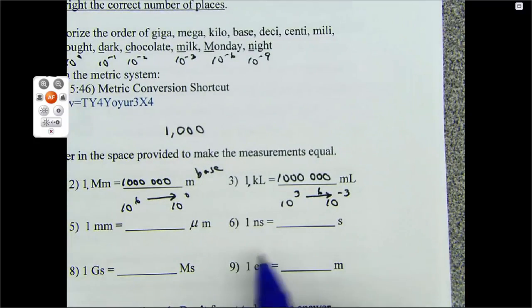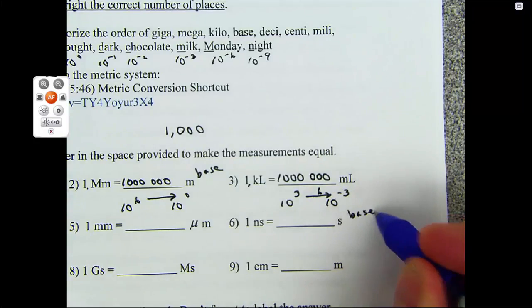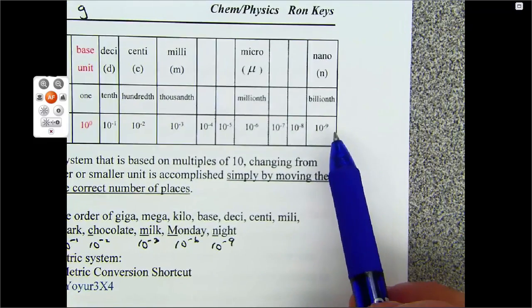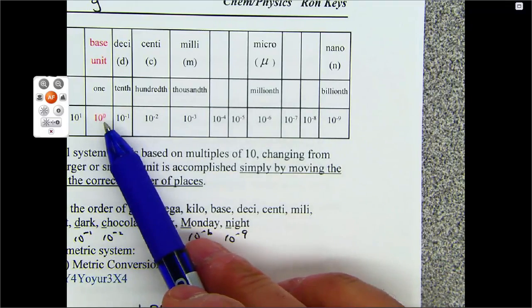Okay, so let's take number 6 here. Nanoseconds to seconds. This is a base. Nano is here. To get to my base now, I'm going to have to go left 9, right? 10 to the -9, 10 to the 0.